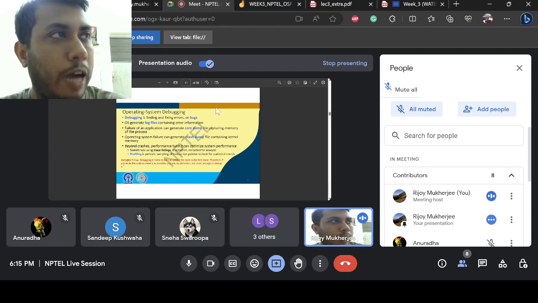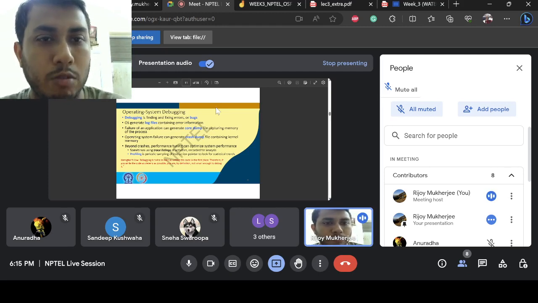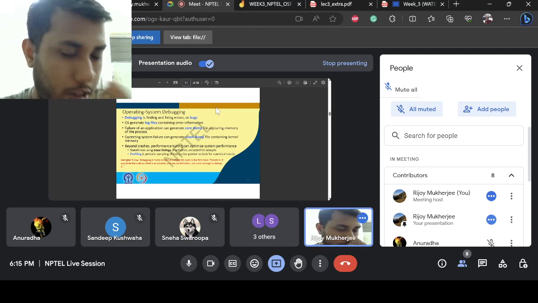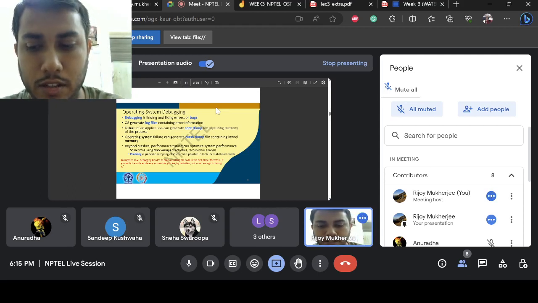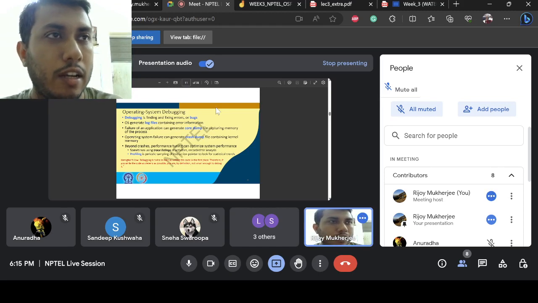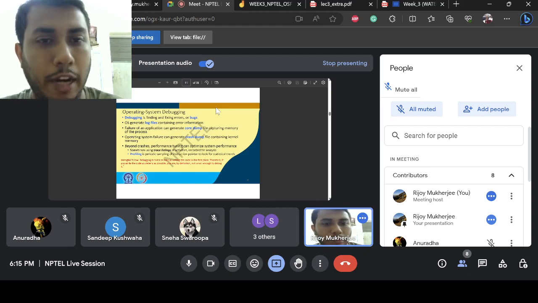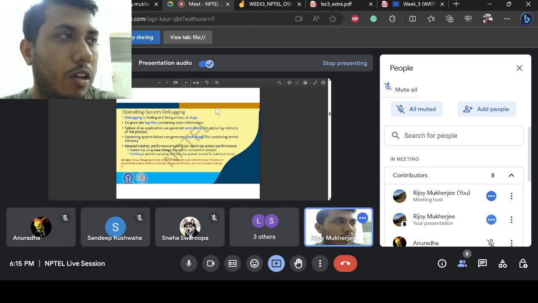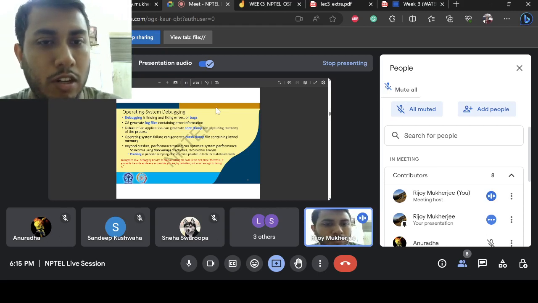One typical log file, if you are doing server programming, like writing code for a server, you will always get server messages like server started at port 8080, receiving connections from IP address 10.10.10.10.